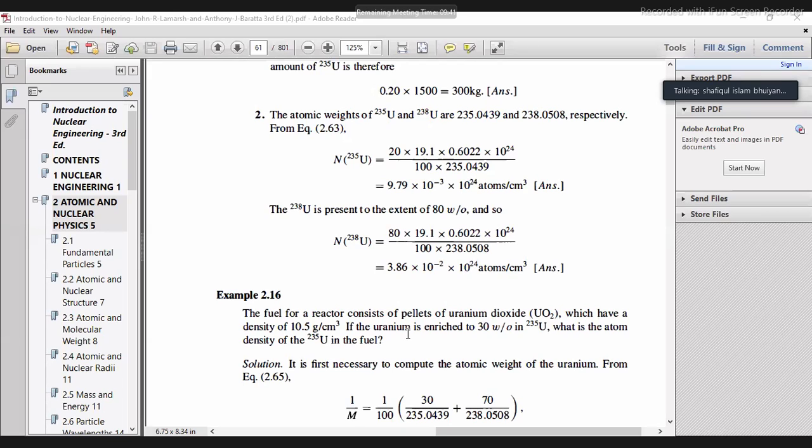Okay, and this we can learn by 1 by M equals 1 by 100 summation Wi by Mi, which is this equation 265. So 1 by M equals 1 by 100.